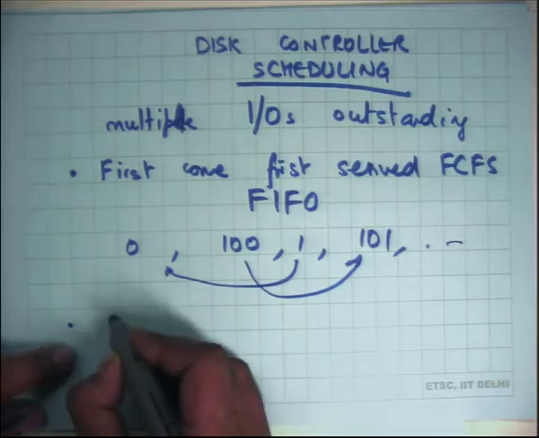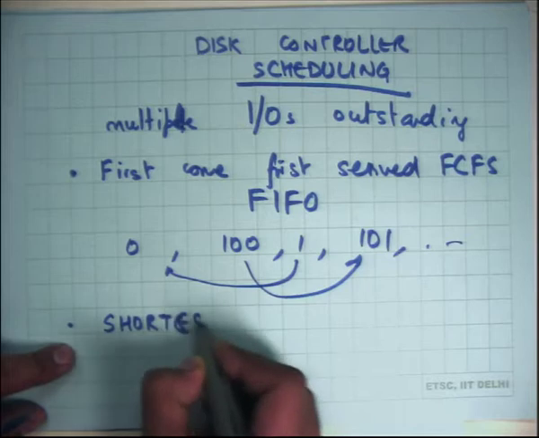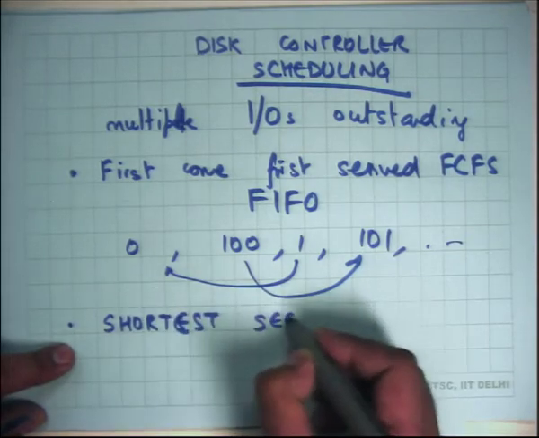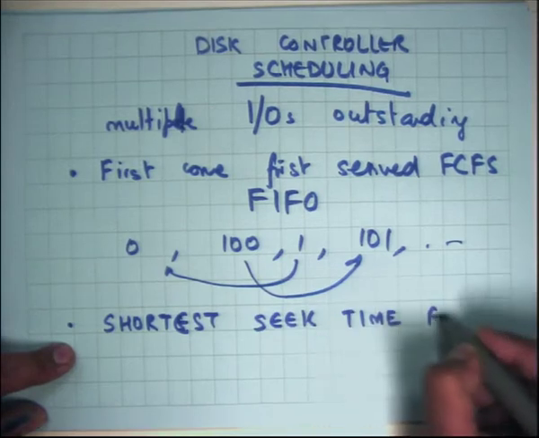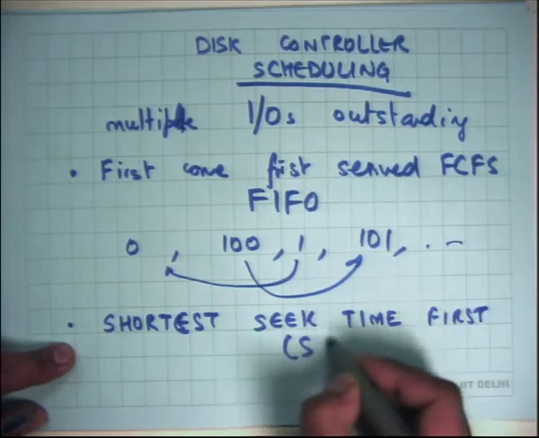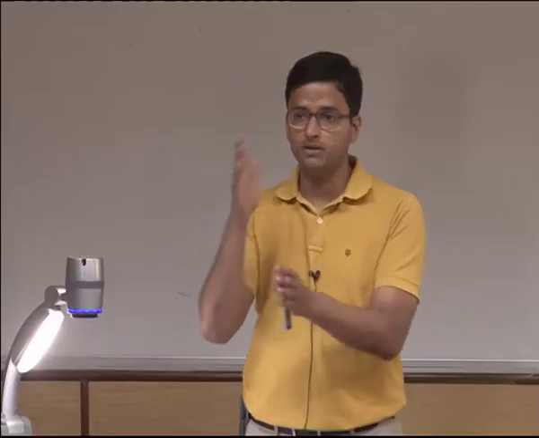The other thing to do is shortest seek time first, also called SSTF. Here the idea is, let's say I have n requests in my queue, I will compute which of them is closest to the current location of the head, and that's the one I'm going to serve.